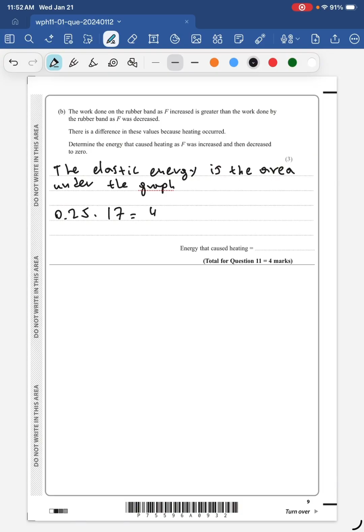So 4.25 newtons times centimeters, but then we have to convert the centimeters to meters by multiplying by 10 to the minus 2. So newtons times meters. So this is about 0.05 joules. Okay, this is the answer.